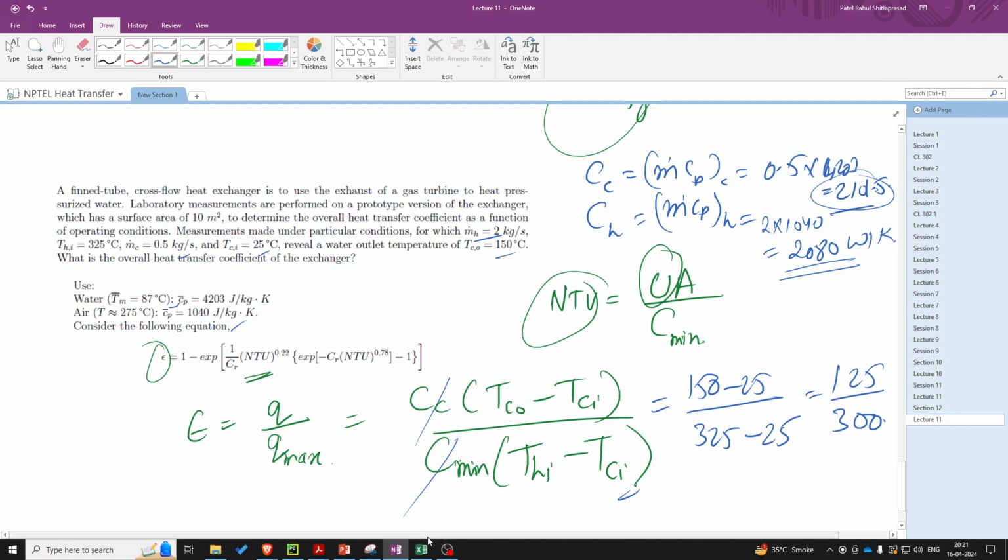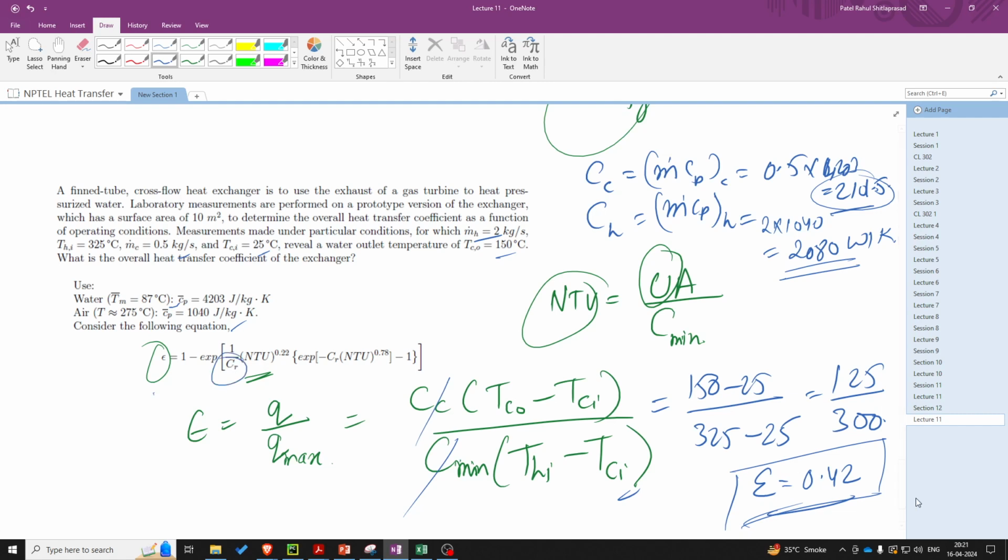So we will be getting the value of the effectiveness as 0.42. Now, in order to use this formula, we also need to find the CR.